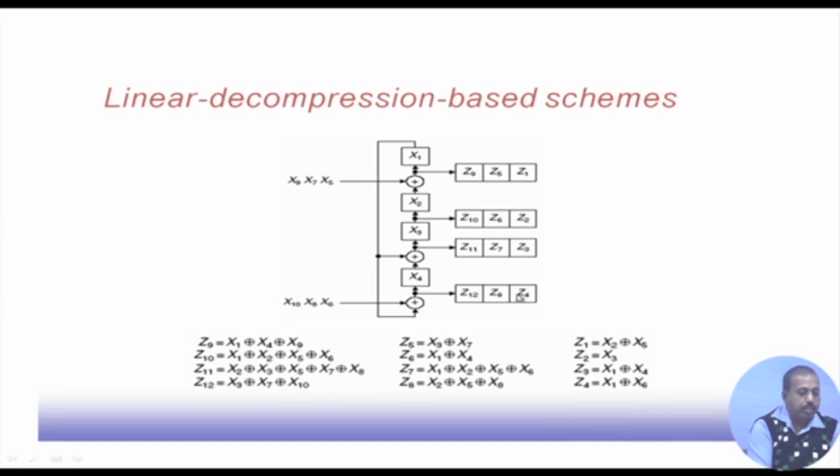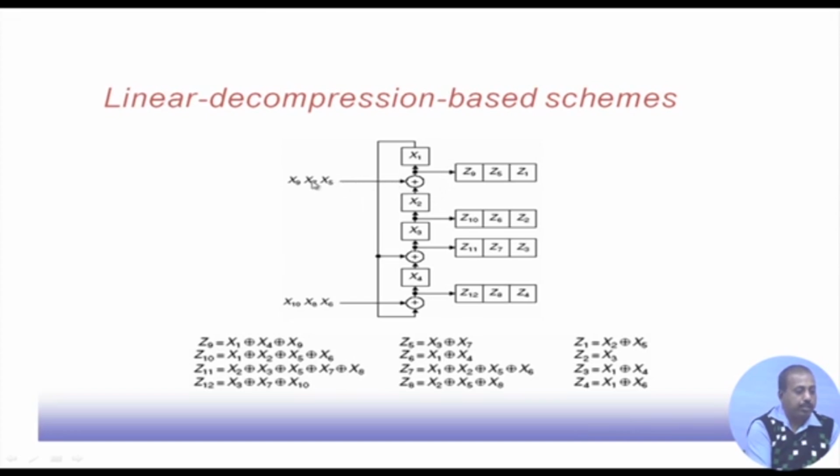Now, what is Z3? Z3 is x1 XOR x4, because Z3 is getting this x1 from here and it is getting x4 from here. These two values are XORed to get Z3. Similarly, Z1 is x2 XORed with x5.